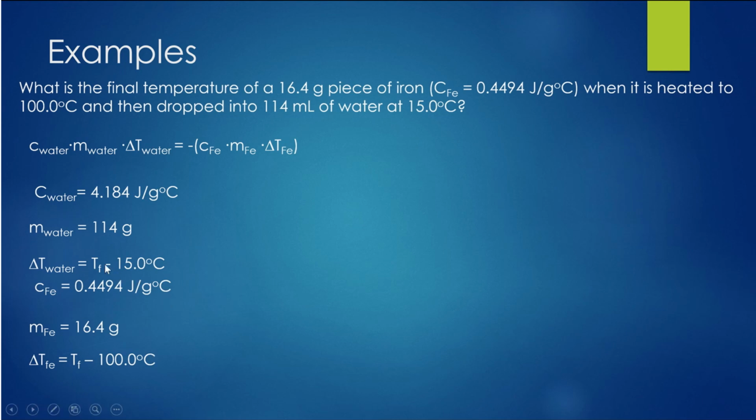Now the idea is that the final temperature of both the water and the metal should be the same. If you put a hot piece of metal into cold water, they eventually will equalize. The metal will lose energy, the water will gain energy, and eventually you're going to have a piece of metal that is at the same temperature as the water. And that's what we're trying to show here.